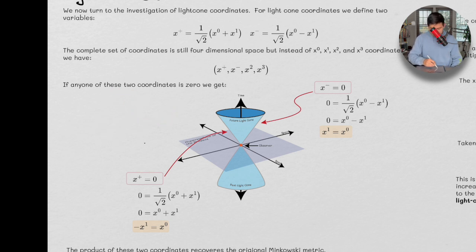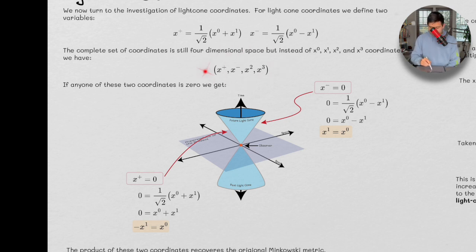And we'll get to that something later because we want to understand that all four vectors, not only do they have components in t, x, y, and z, but they have components in x plus, x minus, x2, and x3 also. It's somewhat of a coordinate transformation, if you will. Okay? And so this is what that looks like.